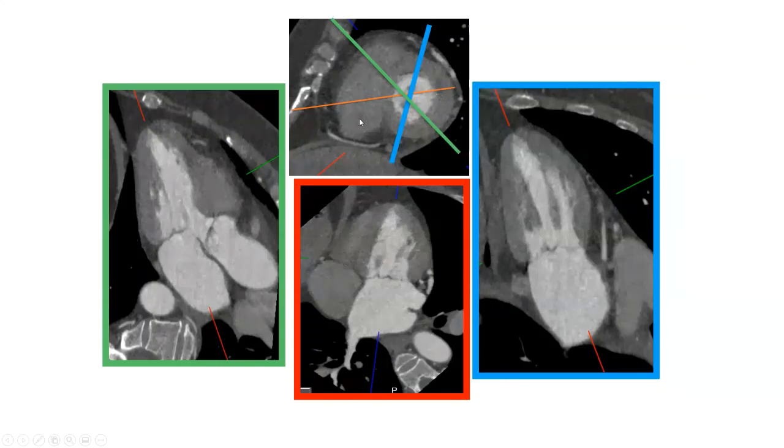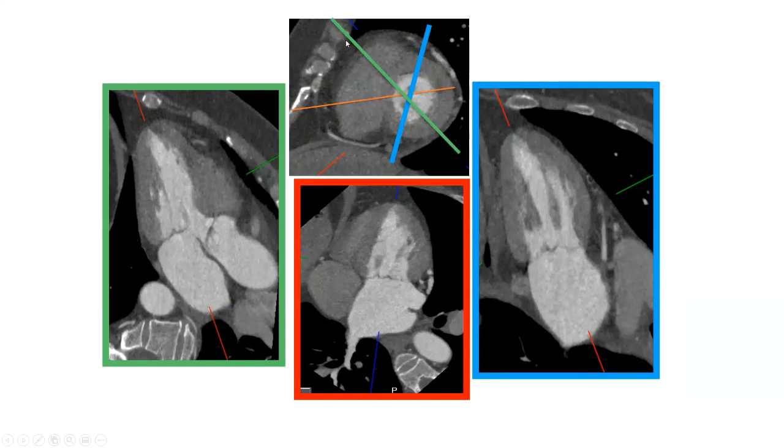This is a diagram that I made that helps me teach the fellows which walls you're actually looking at. The plane of the four-chamber view generally goes through the largest aspect of the right ventricle and the left ventricle and is in the mid portion of the left ventricle.